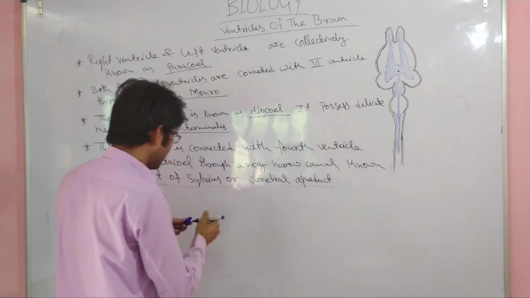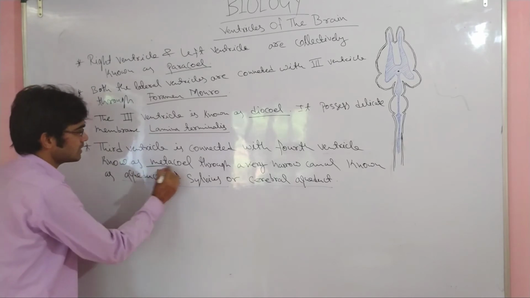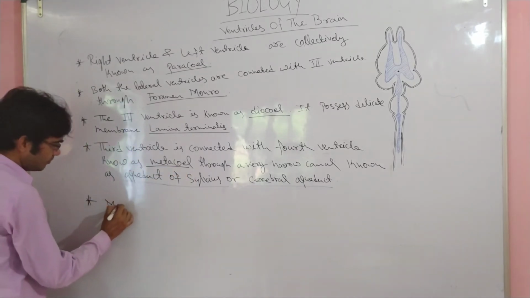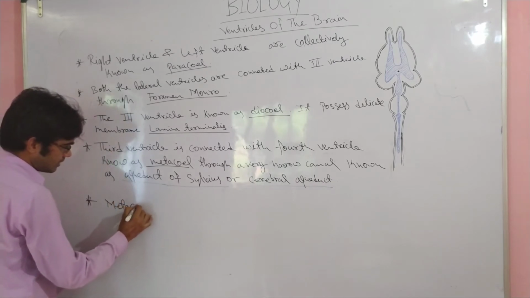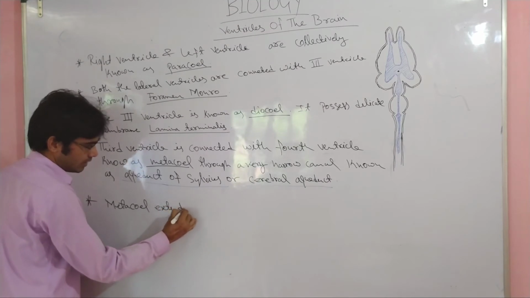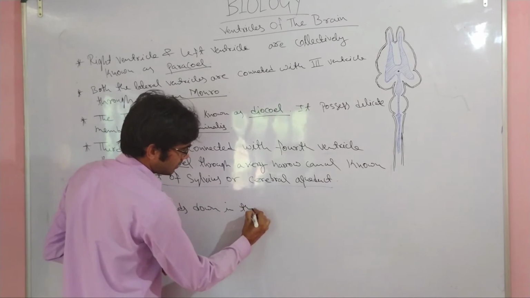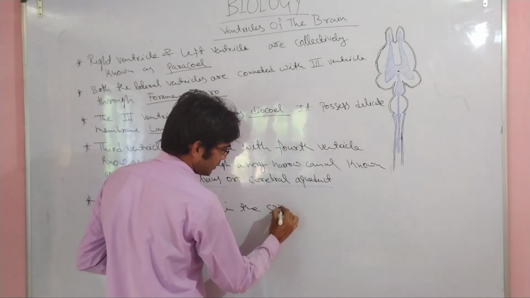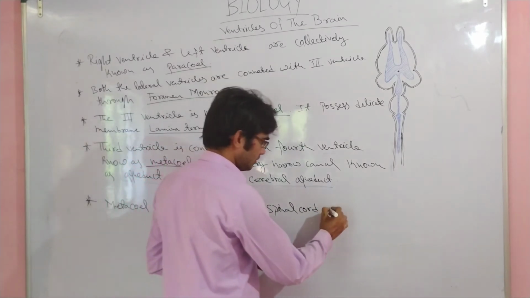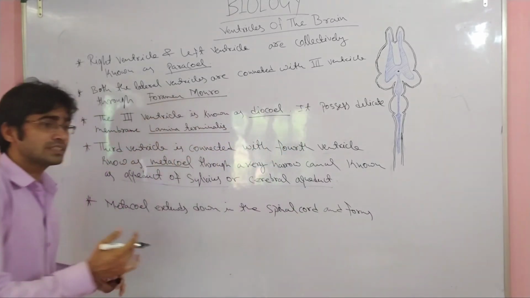Now the fourth ventricle, as I had told you, is known as metacele. The metacele extends down in the spinal cord and forms the central canal.